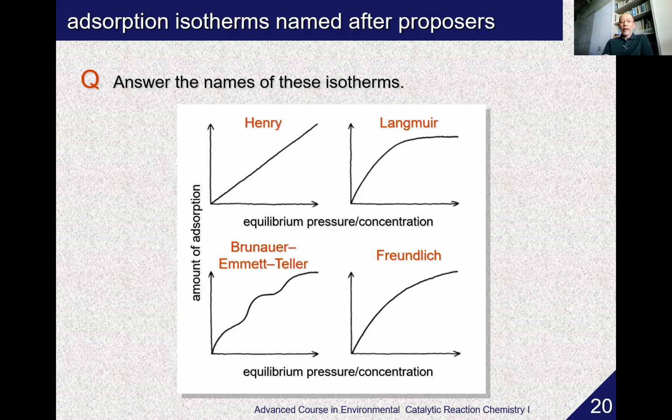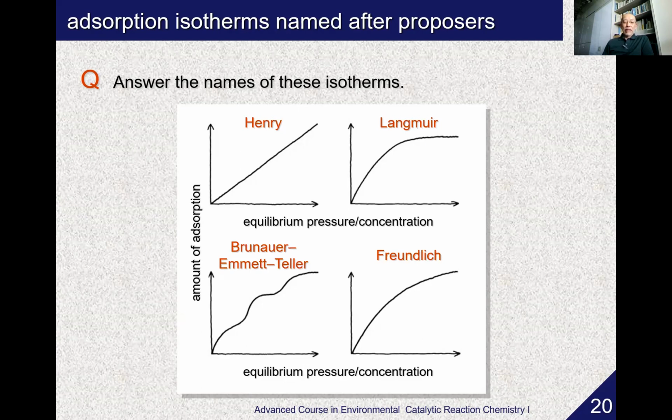So anyway, one of the important points is that the Langmuir adsorption isotherm can reproduce all the others. So in Langmuir adsorption, the first linear part can be Henry, and if several types of Langmuir adsorption are included in one adsorption phenomenon, that can be Freundlich.